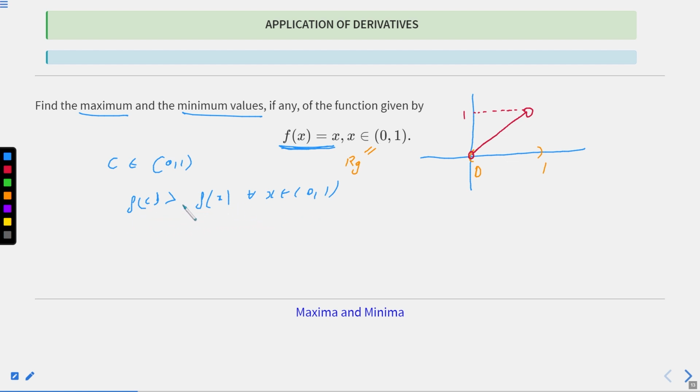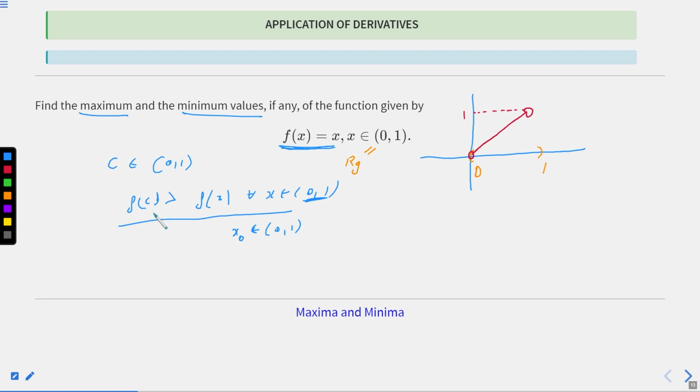I am saying that this cannot happen, so I have to neglect this point. Take any point from this interval. Suppose I took x naught from this interval.